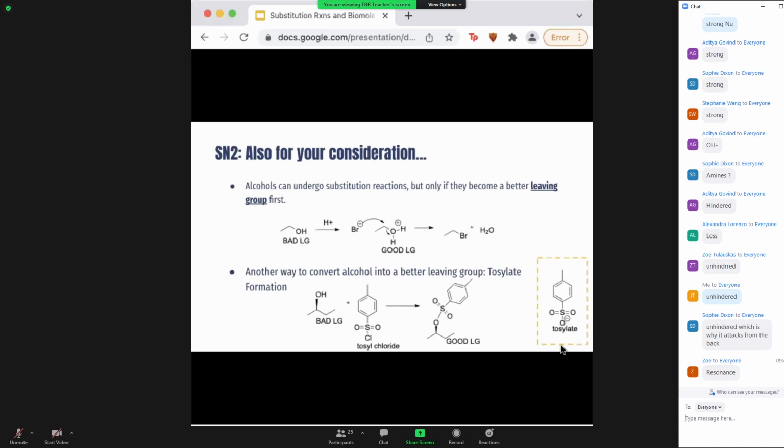And as you can see, you have all these pi bonds where the electrons can be delocalized and basically stabilize that negative charge, because the electrons can move around within the molecule. So yeah, just a little thought for you.